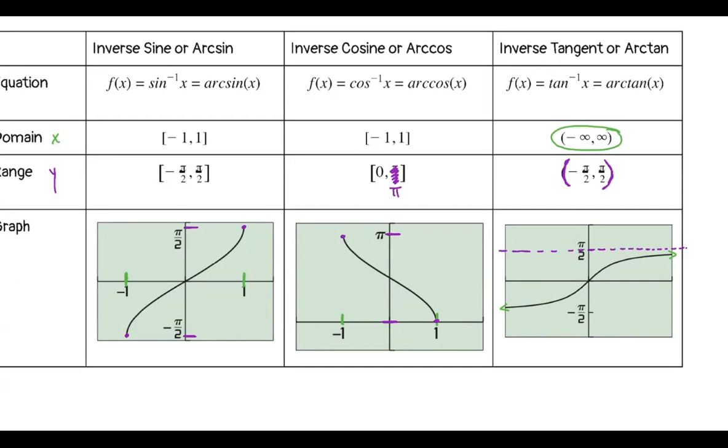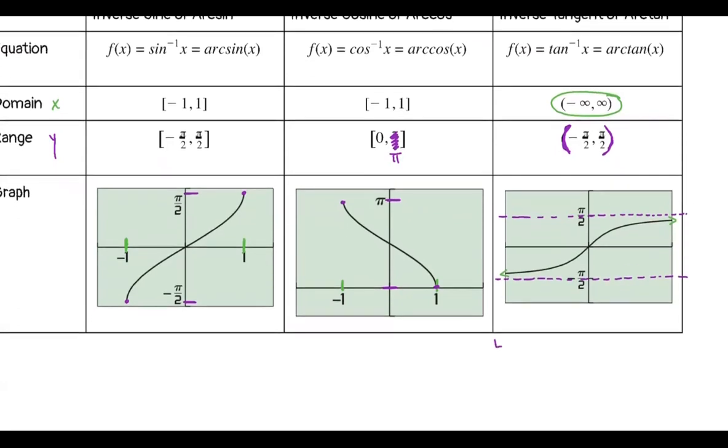Perfect. Okay. Now, if I have a parentheses on the -pi/2 one, that means I must also have another horizontal asymptote down here. So the arctan or the inverse tan is special because it has two horizontal asymptotes.